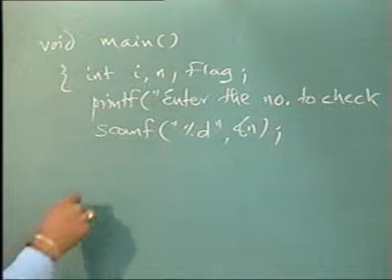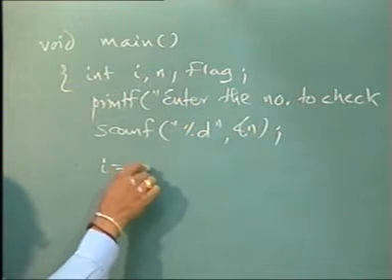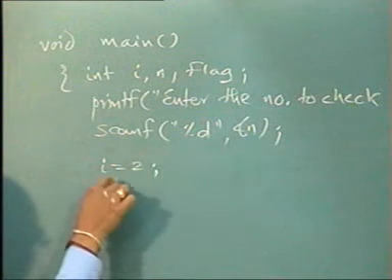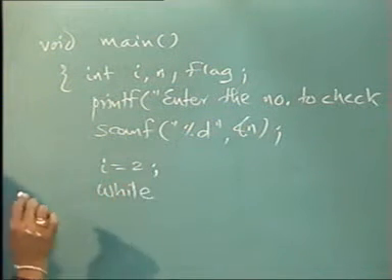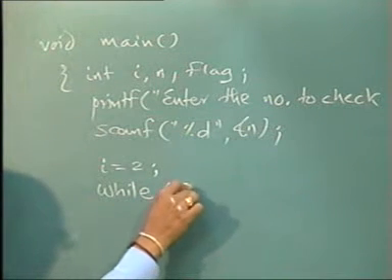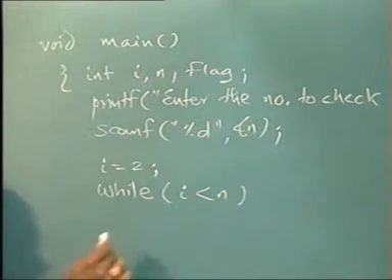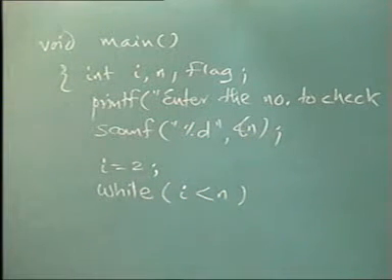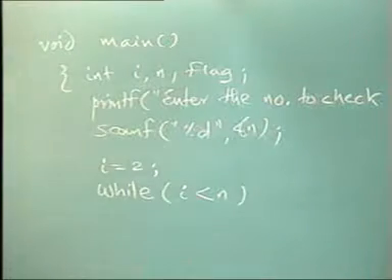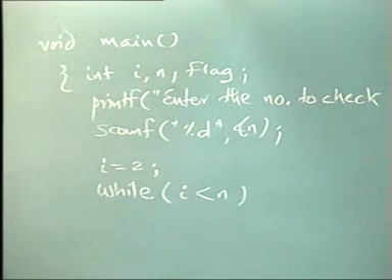I am using I as a counter, the one which is going to divide it. And I said that I will continue the process as long as I is less than n. When I say I is less than n, it means I will have the last value as n minus 1, not n.